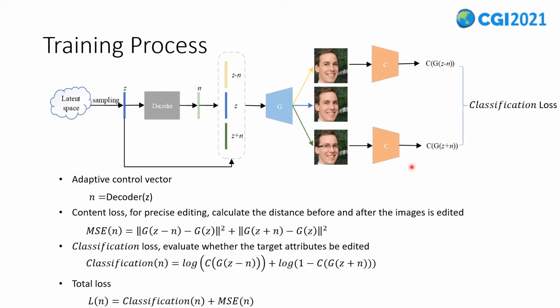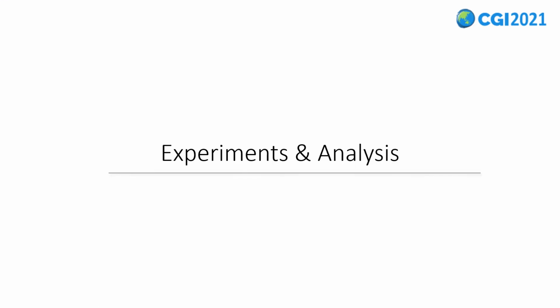We finally add the two losses as our total loss. We continuously update the decoder parameters by backpropagation, so that the final control vector can adaptively edit images. In order to evaluate the decoder we trained, we did the following experiments.